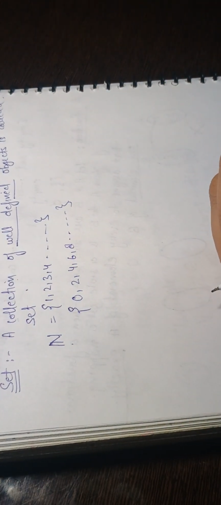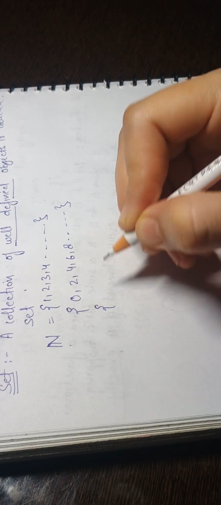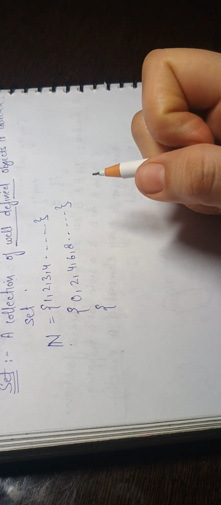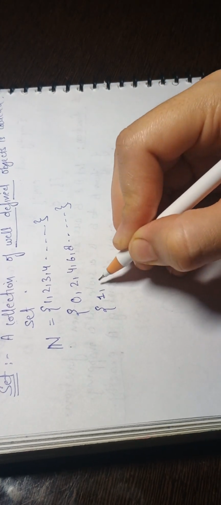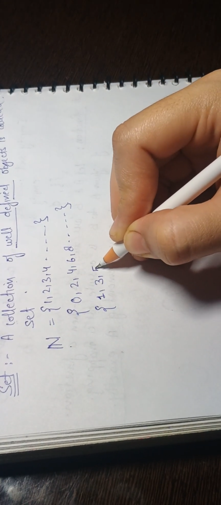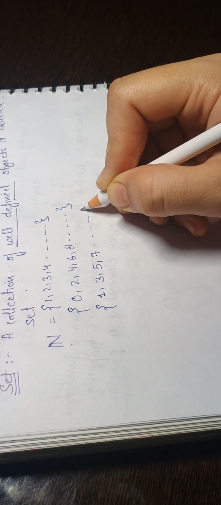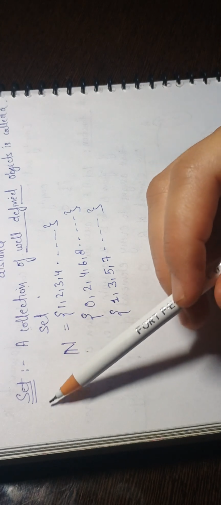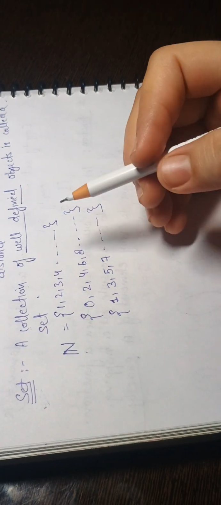If I say set of odd numbers, then you know that it contains all the elements which are not divisible by 2, for example 1, 3, 5, 7 and so on. So this was a recall of set.